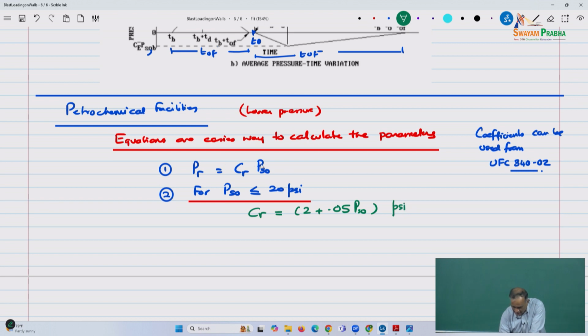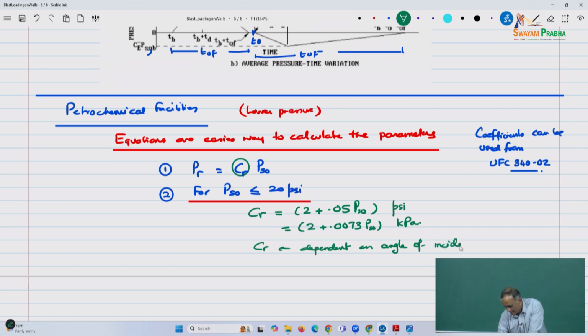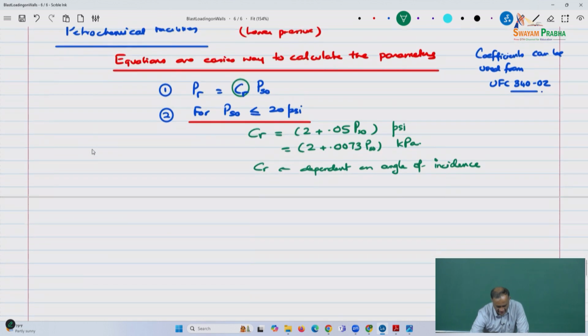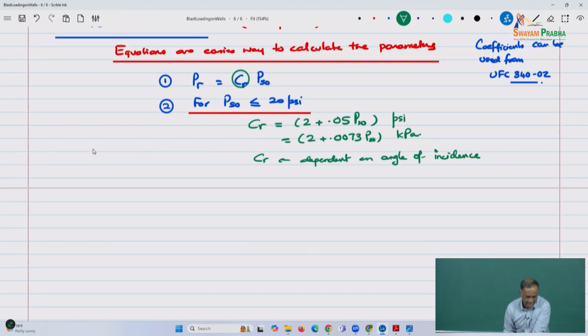So remember, when you use PR, there is a CR multiplied by a PSO. If you're using kPa, this is 2 plus 0.073 PSO in kPa. And keep in mind, CR is dependent on the angle of incidence. And there is another curve for that. We have seen yesterday, I've shown you some curves related to that.